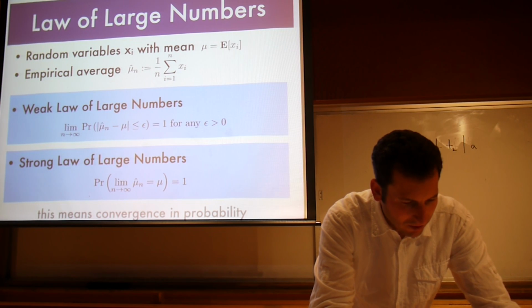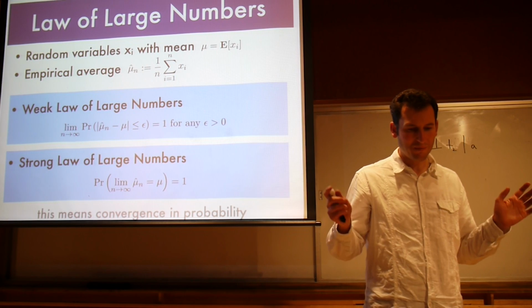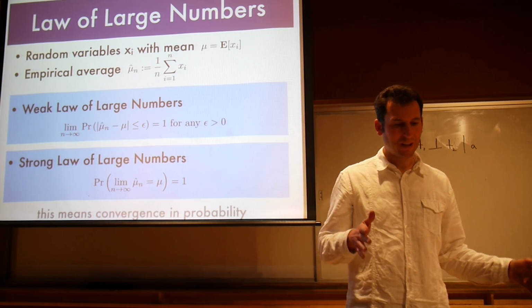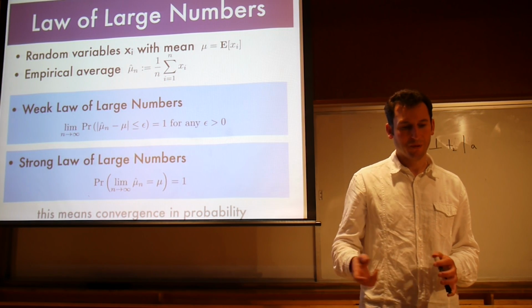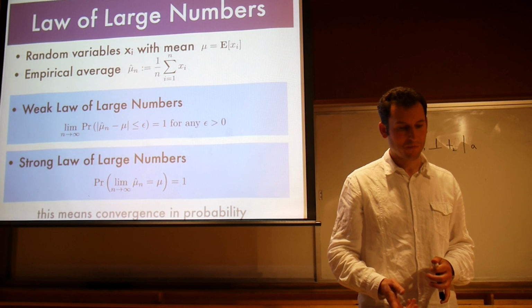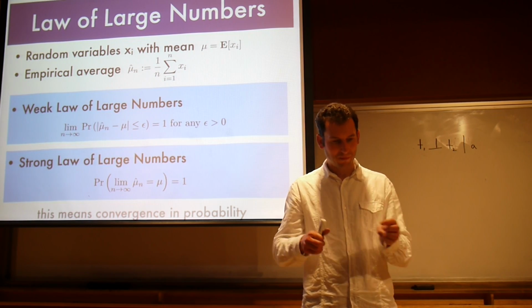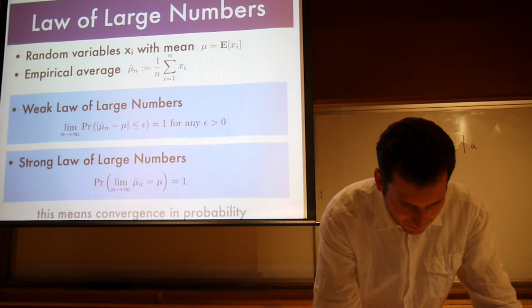Then the weak law tells me that, in the limit of infinite sample sizes, the probability that I have a deviation between my empirical average and the true mean greater than epsilon goes to 0, for any epsilon greater than 0. The strong law tells me that the mean actually converges almost surely. So that's a much stronger statement.